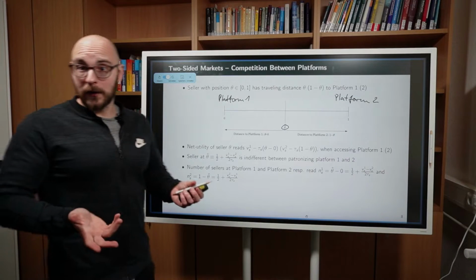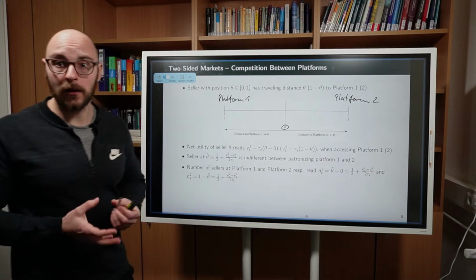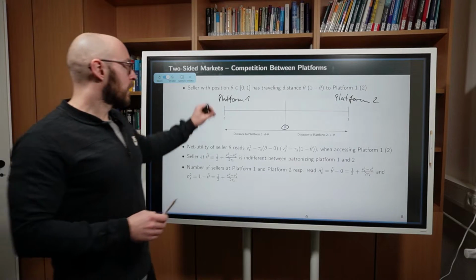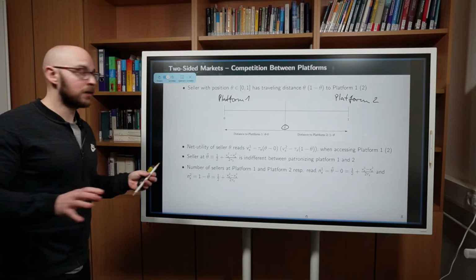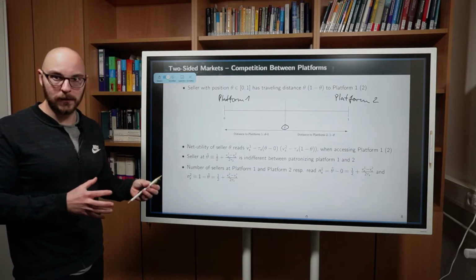That's pretty abstract. What does this mean? Basically, it captures the idea of horizontal product differentiation. That means that Xbox and PlayStation are not the same consoles, so sellers perceive them as different things.